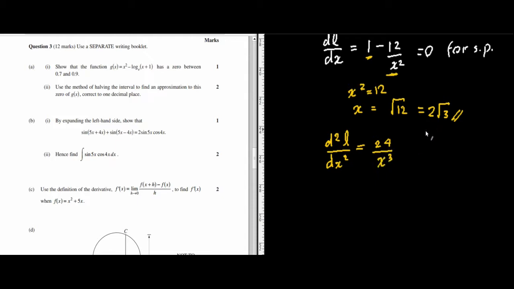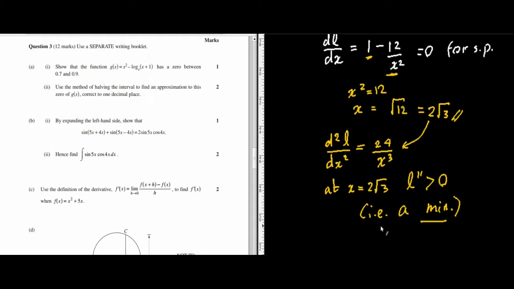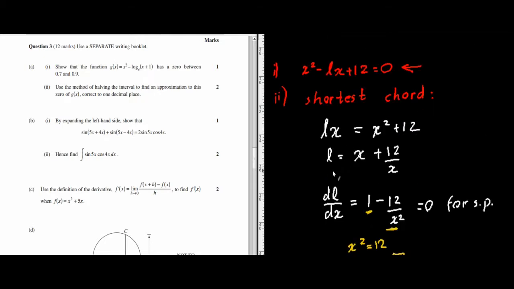So when I substitute x equals 2 root 3, L double dash, I don't know what it is, but it's going to be greater than 0, which means a minimum. So this is going to be my minimum, and remember it's not x that we're after, it's L, and we just need to sub it back into the original one.